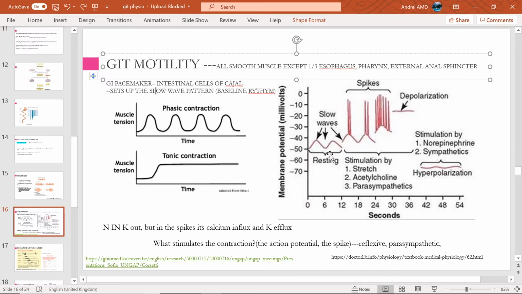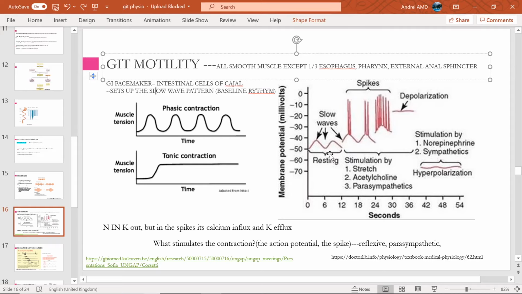But still, for us to have contraction of the intestine, we need these action potentials, these spikes that you can see. If they reach a certain amount, it makes these cells depolarize and you get the thing you want.